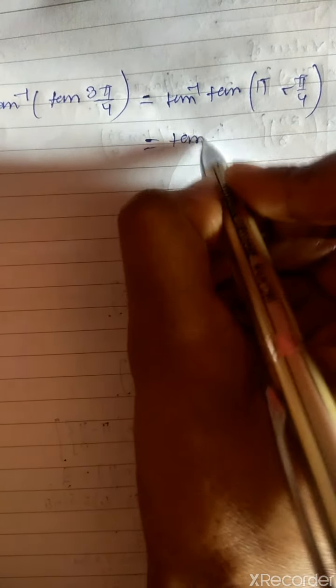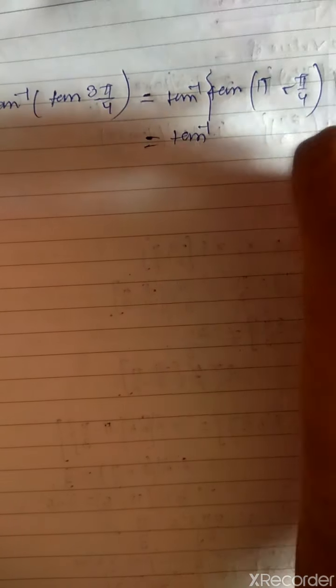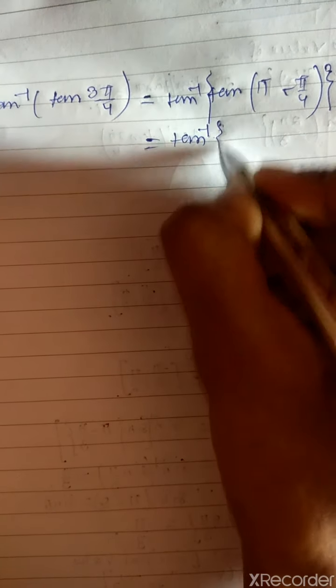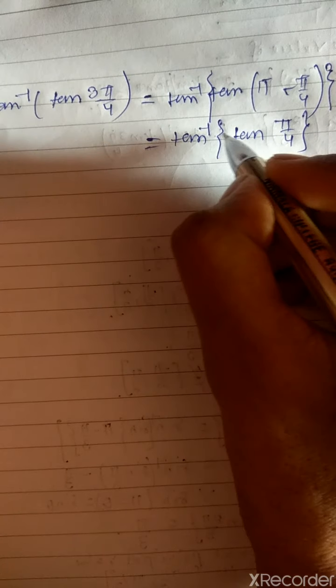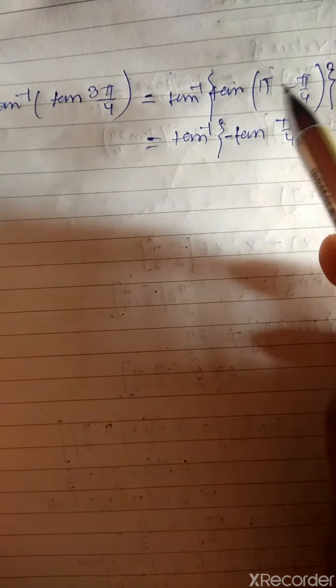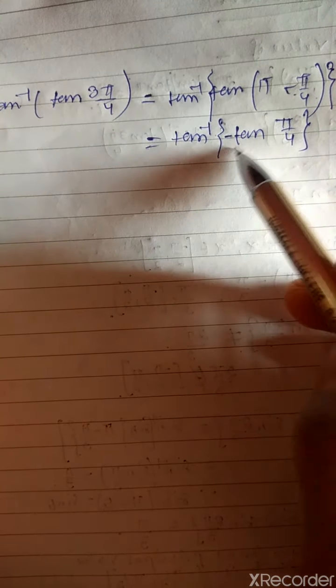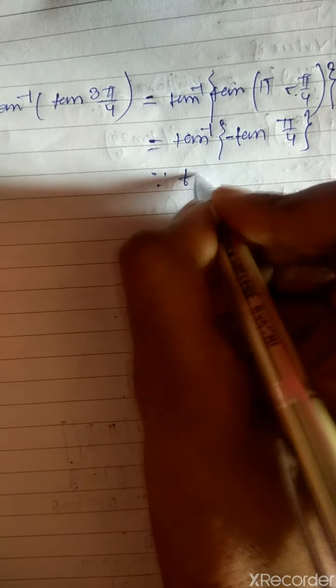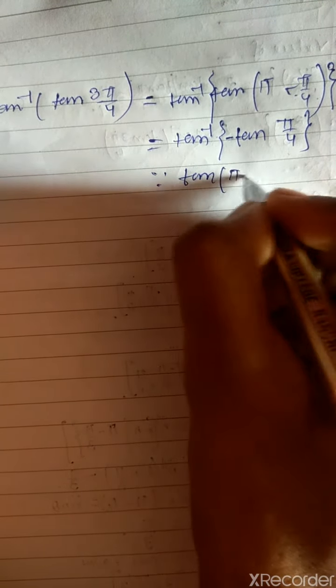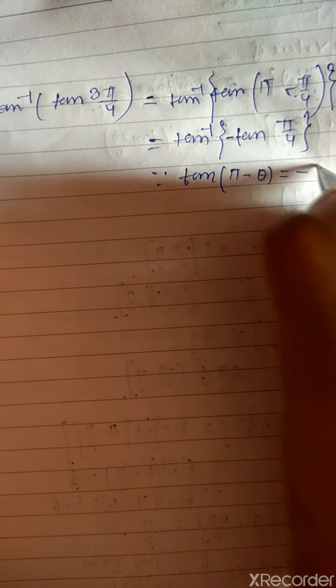And this is equal to what? Tan inverse tan pi by 4, but we have a minus sign here. Why? Because tan of 180 minus theta is minus tan theta, since tan of pi minus theta is minus tan theta.